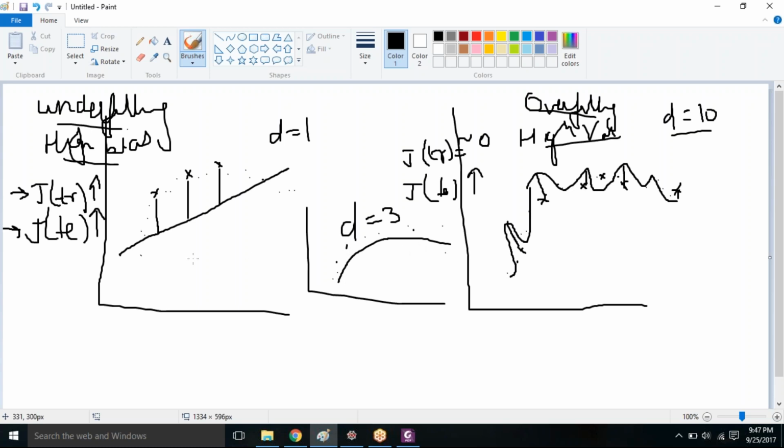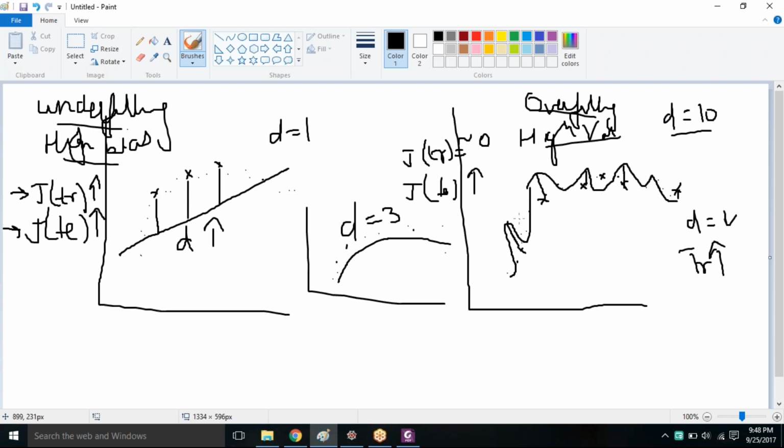Just to revise, I have told you this again. Now, if you see what can be done: basically, in a high bias problem, you increase the degree; in a variance problem, you decrease the degree. Other than that, in a high variance problem, you can increase the training data.